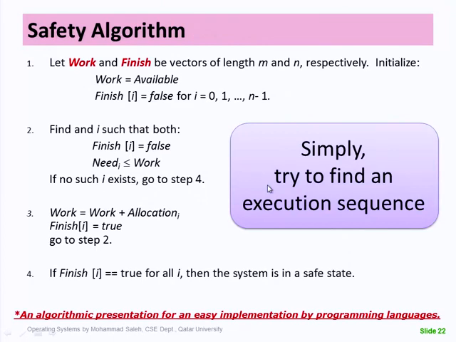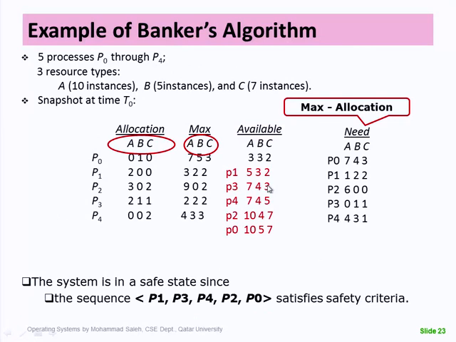This is how we do that. We loop through the processes. This is an algorithmic representation of how we find an execution sequence. You can put their needs in an array and then try to execute them, always looking at what is available. Now, let's do that for the state you have just seen.